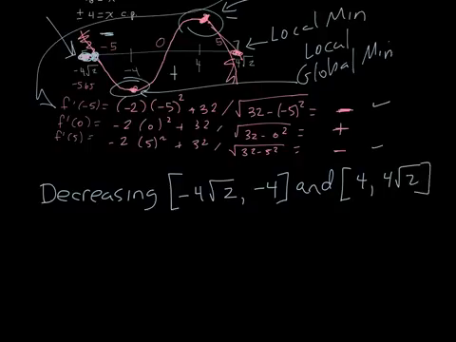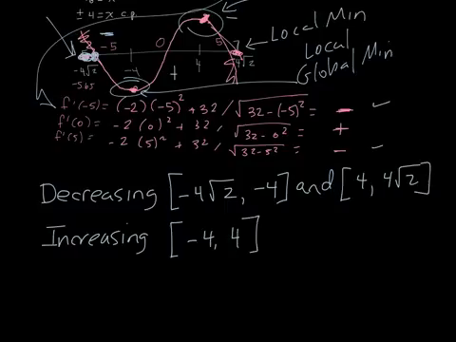And then, of course, it's increasing in the middle there. They use square brackets in MyMathLab, but at the actual critical points, it's constant. So it's increasing on this interval.